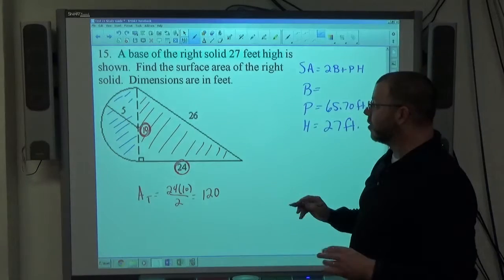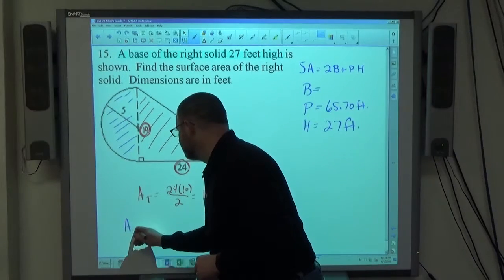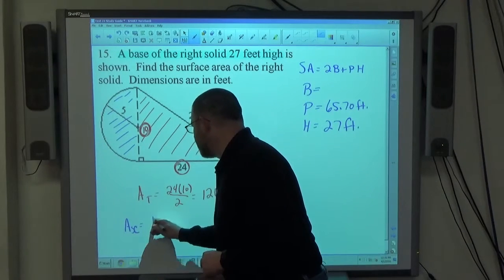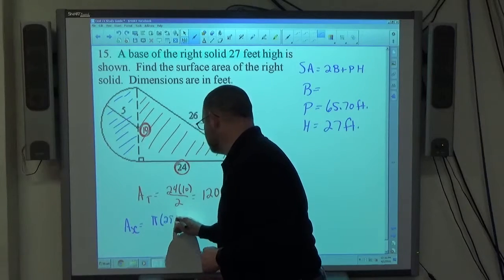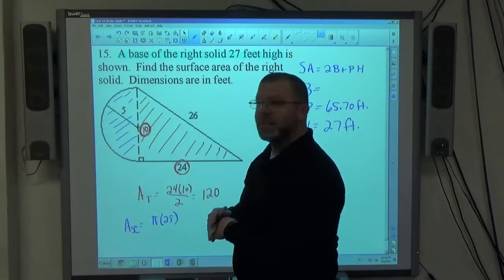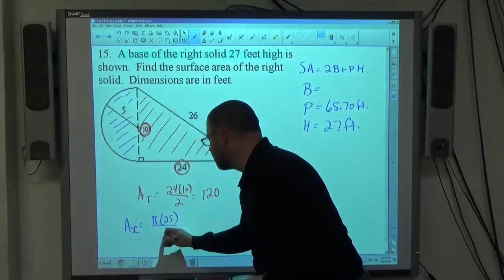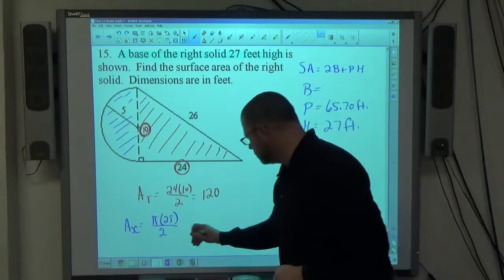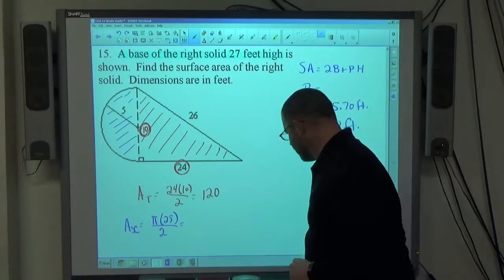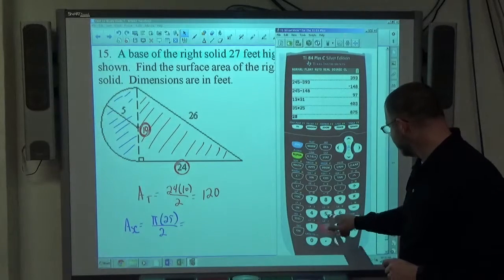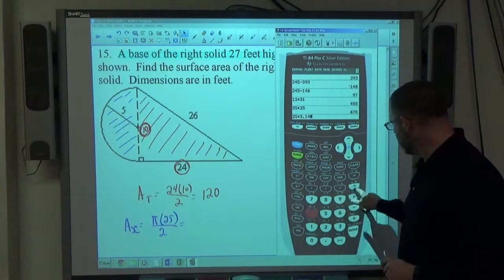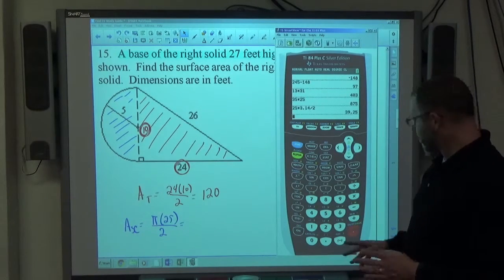As far as the semicircle is concerned, the area of the semicircle is going to be pi times the radius squared. Pi times 25 in this case. That's the whole circle. We only have half a circle, so we divide that by 2. And that gets me, I think, 39.25. Let's just make sure. 25 times 3.14 divided by 2. 39.25.